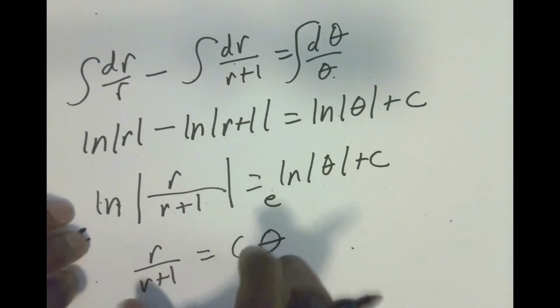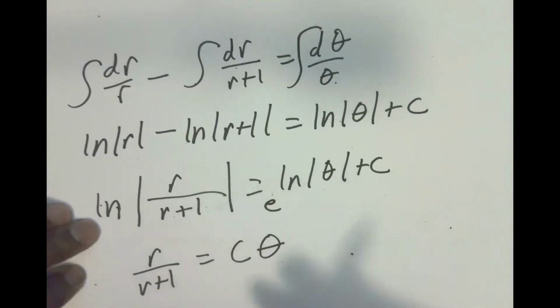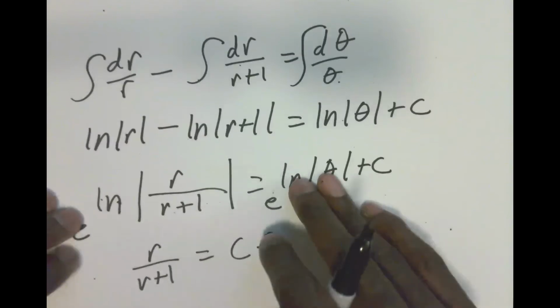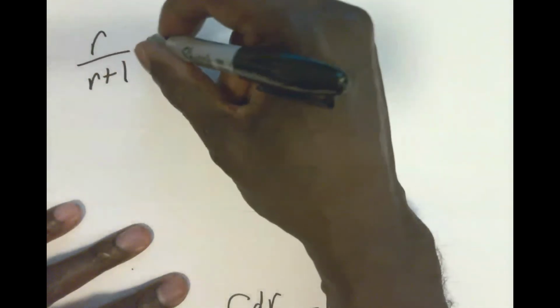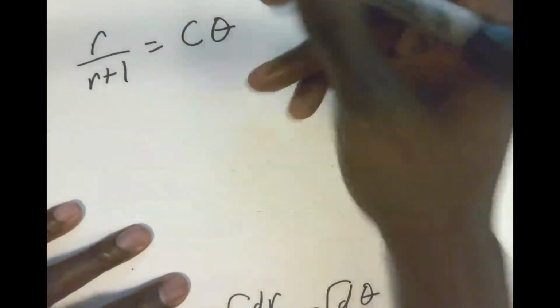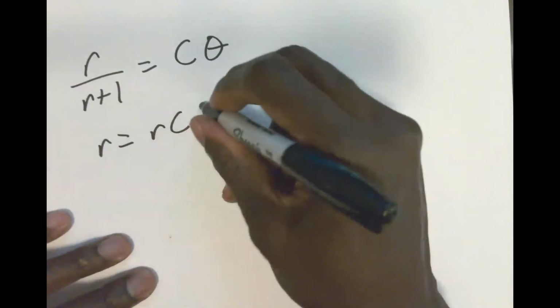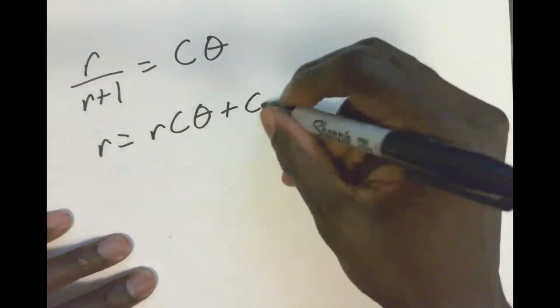All right, so still more algebra to solve for this. Let me write this on a separate sheet and do the algebra to solve for r. What we have is r over r plus 1 equals c theta. I can multiply both sides by r plus 1 to get rid of my denominator, and that gives me r equals r c theta plus c theta.